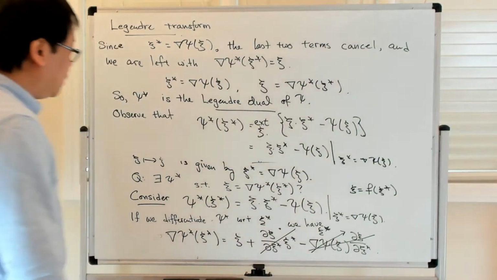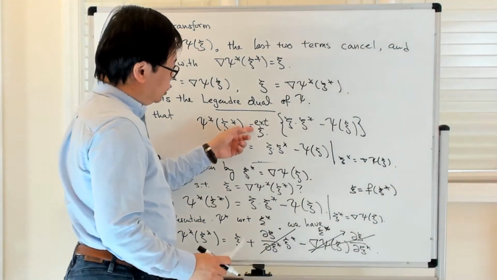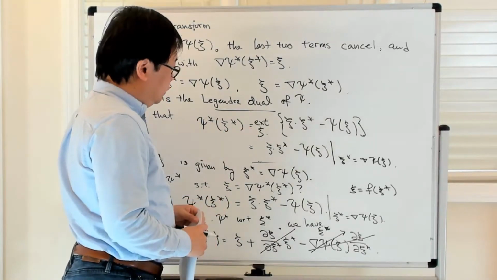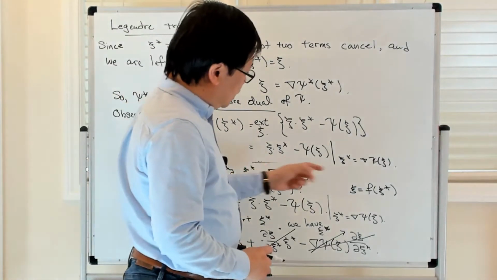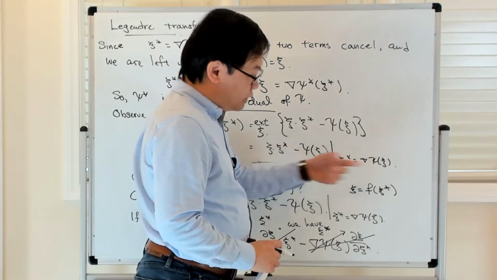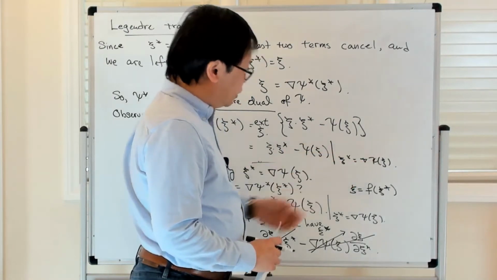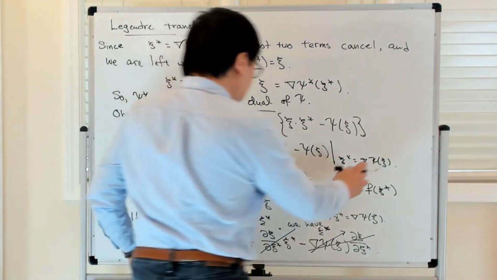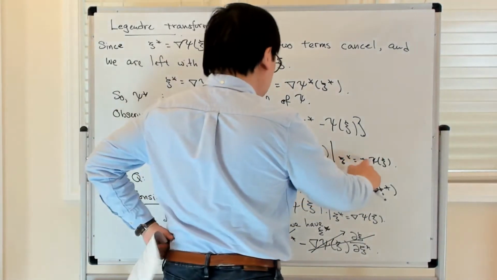So why is this former approach sometimes preferable? It is preferable because sometimes there's degeneracy, if you break the assumption that psi is convex, or strictly convex.